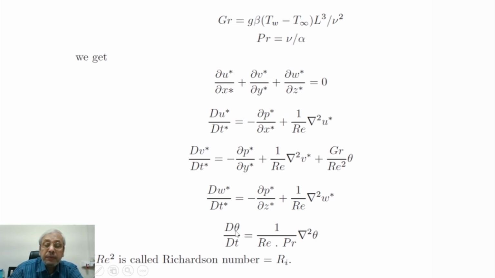Total derivative of non-dimensional temperature equal to 1 by Reynolds number into Prandtl number, grad square theta. And this Grashof number by Reynolds number squared term is called the Richardson number, Ri.